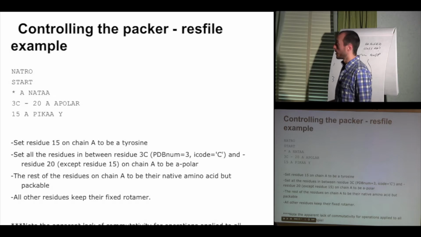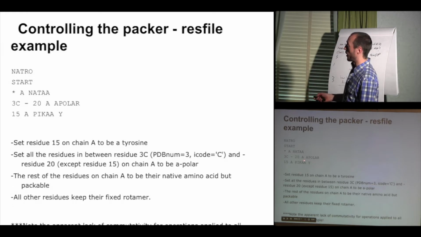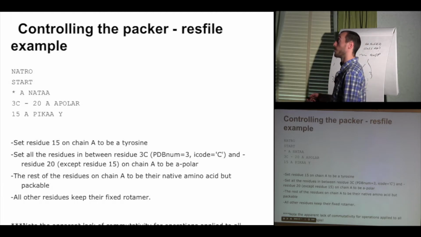Res files are parsed all at once, so they have access to all of the information, and they have this convention that the restrictions for a given amino acid are determined by the most specific command that contains that amino acid.